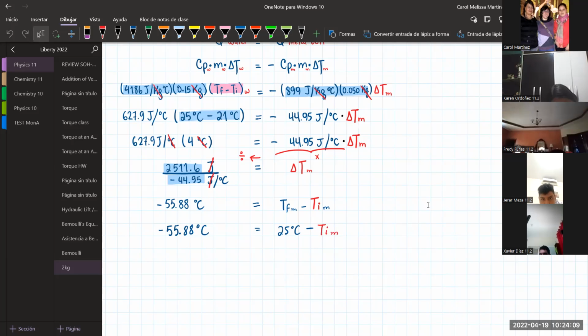And now you isolate. What is 25 degrees doing? Adding, subtracting. Adding. So on the other side, it's going to be doing a subtraction. So you will have negative 55.88 degrees Celsius minus 25 degrees Celsius equal to minus initial temperature of the metal bolt.